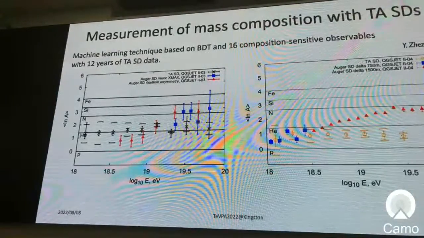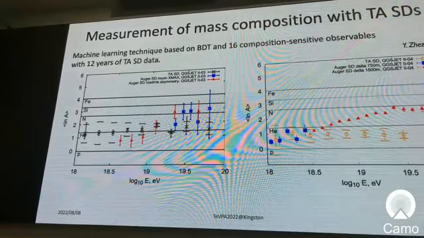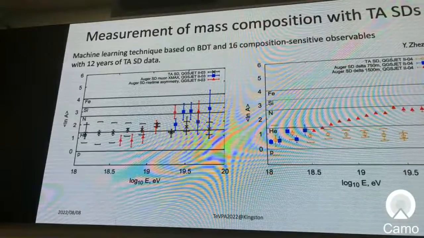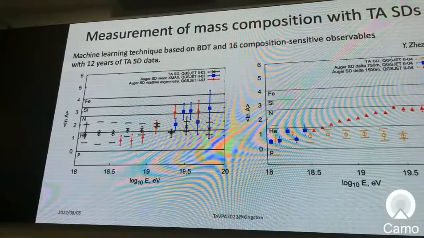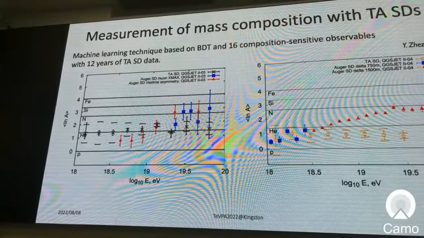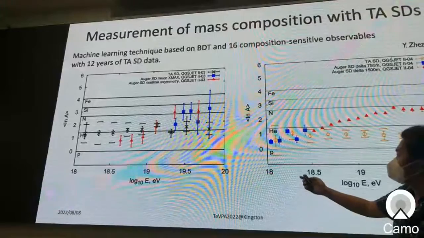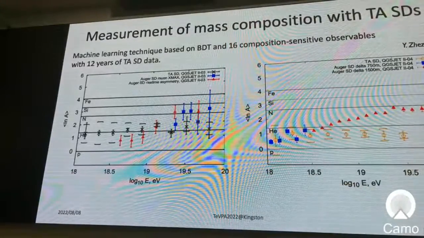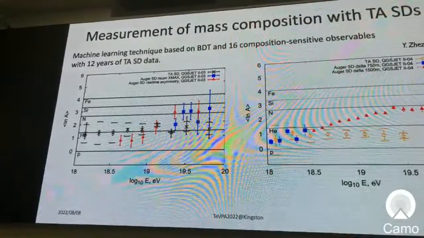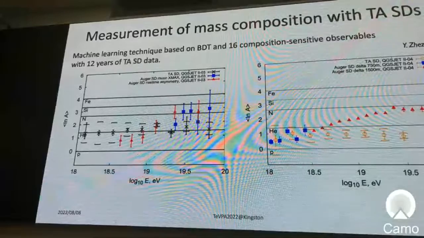And this is a machine learning technique based on boosted decision trees, and 16 composition-sensitive observables were used for this analysis, using 12 years of TASD data. And this is the black points and purple, orange points, the result using the TASD data.